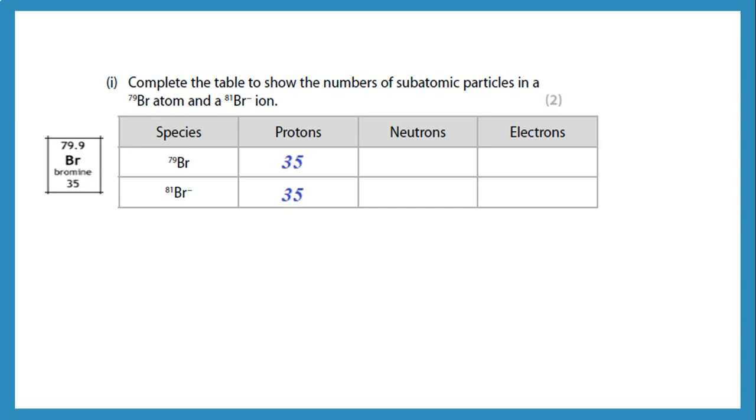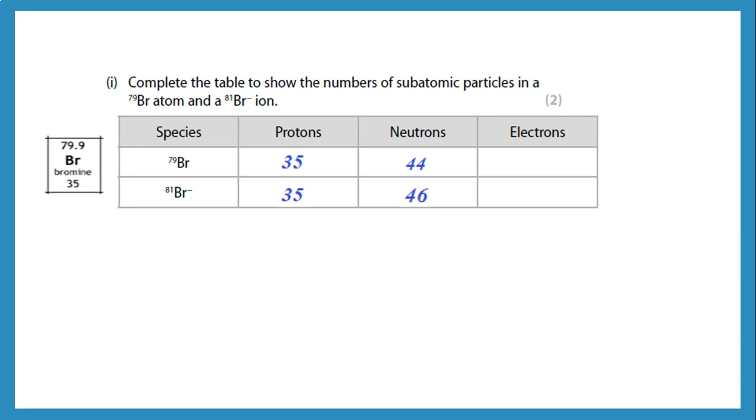So both of them would have 35 protons. We don't care about anything else. But when we come to the neutrons, we need to look at the mass number he's giving me. So if it is 79, then 79 minus 35 will be 44. The other isotope is 81, so that is 81 minus 35, which is 46.